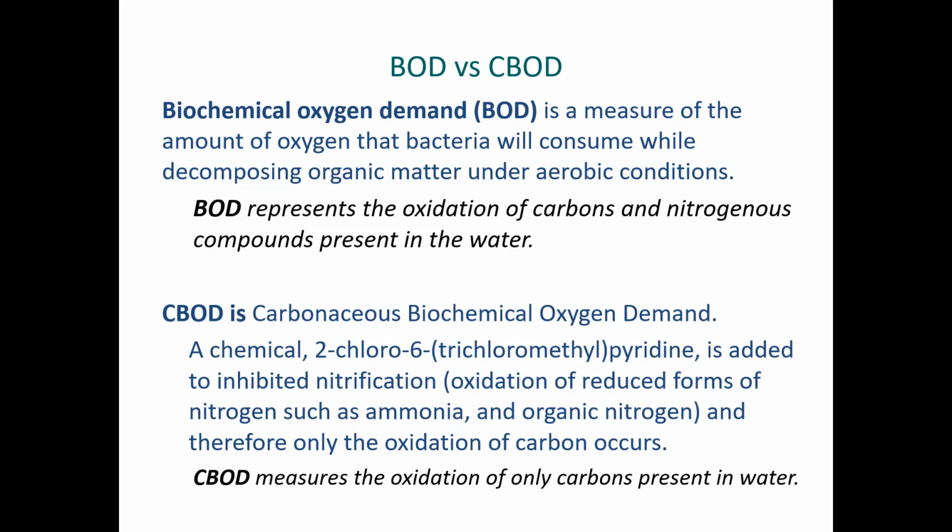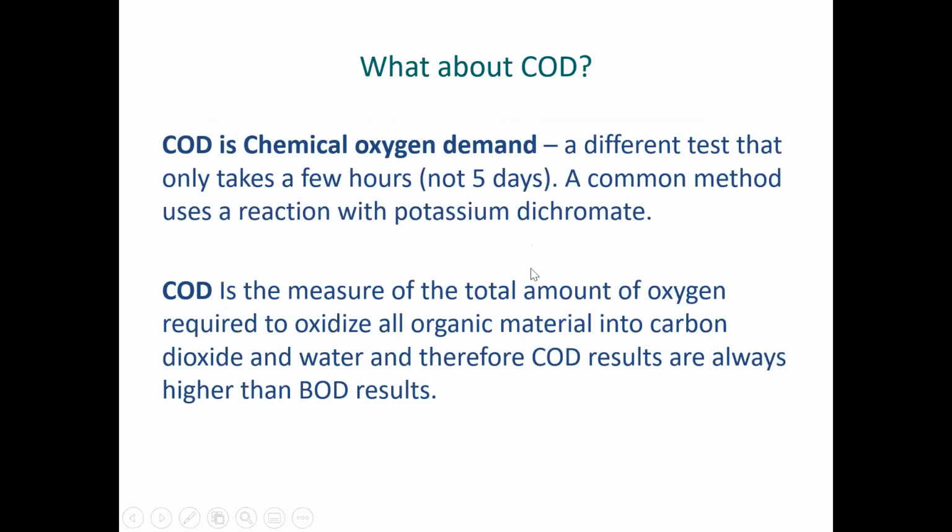The idea is you get a more accurate measurement of just the carbonaceous molecules and ignore things like ammonia, which can be a big contaminant in wastewater. But it's a very similar test, just one extra step. And I'm not going to be asking about that one on a test, for example.